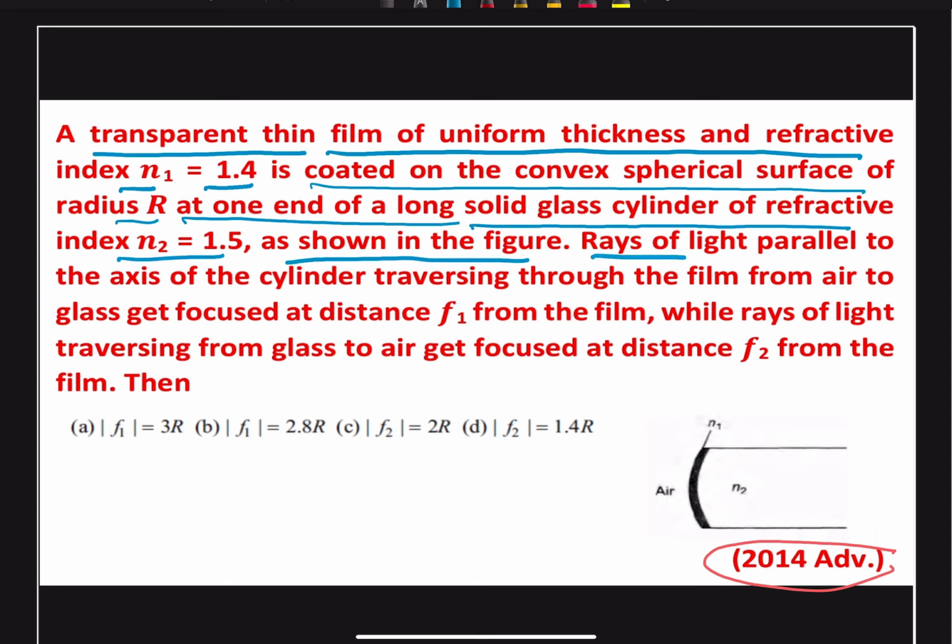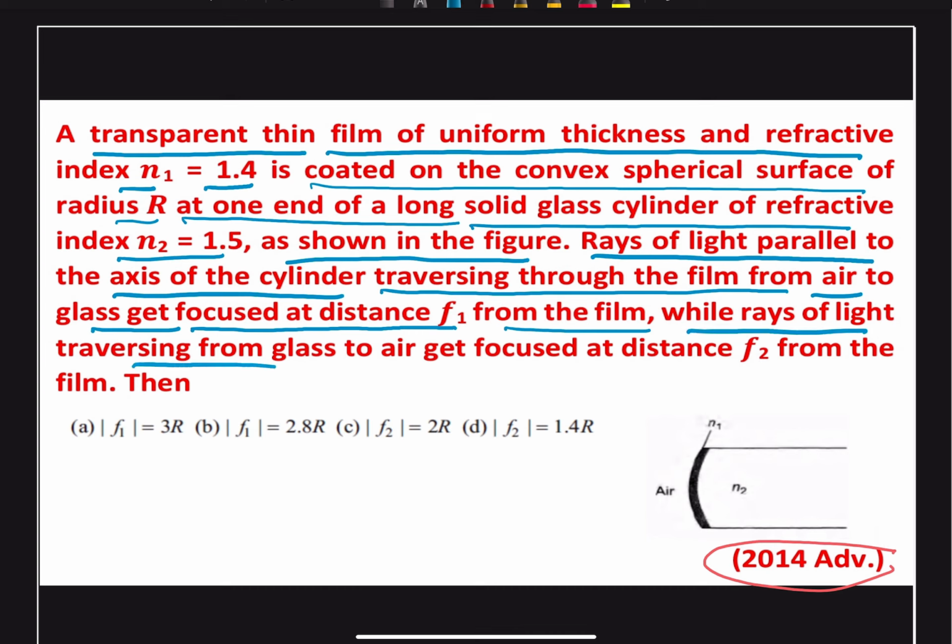Rays of light parallel to the axis of cylinder traversing through the film from air to glass get focused at distance f1 from the film, while the rays of light traversing from glass to air get focused at a distance of f2 from the film. Then we have to find out the relationship between f1 and r as well as f2 and r.